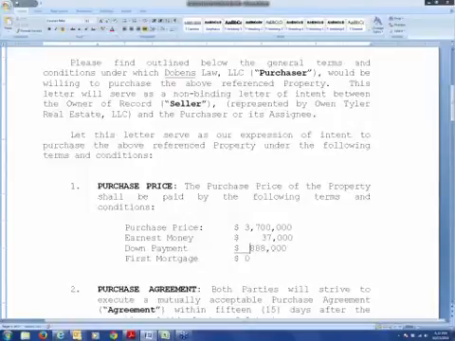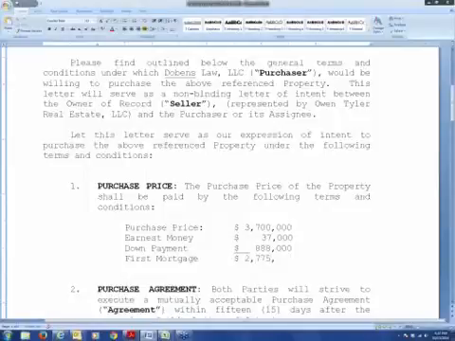So I'm trying to make that nice and line up perfectly. Never does. Okay, so this is going to give me my first mortgage amount of $2,775,000.